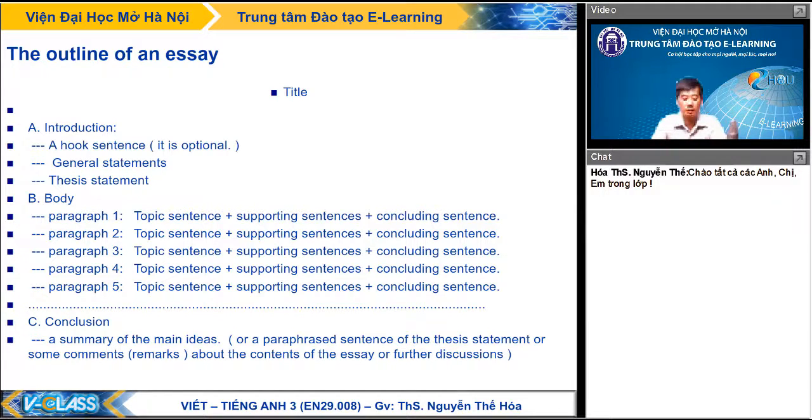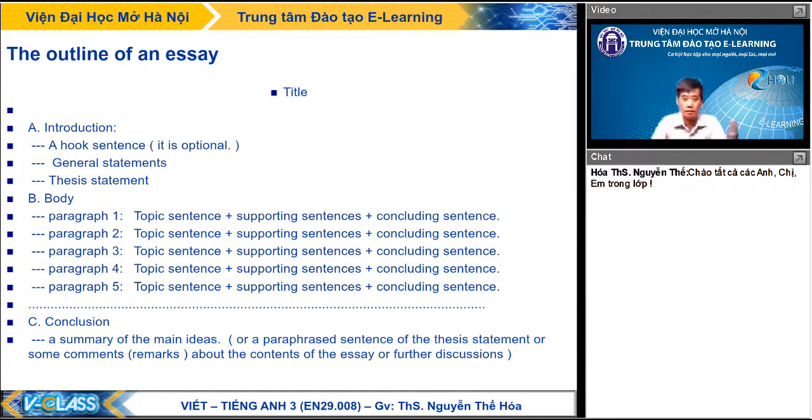So the number of paragraphs in the body depends on the number of ideas that you may mention in the thesis statement. Or it may be overt, or it may be hidden. But the reader has to make, or the writer has to make a guess.